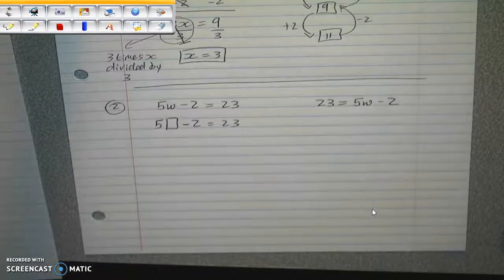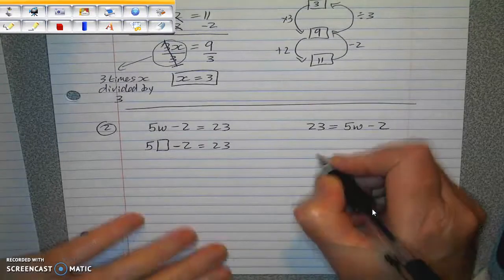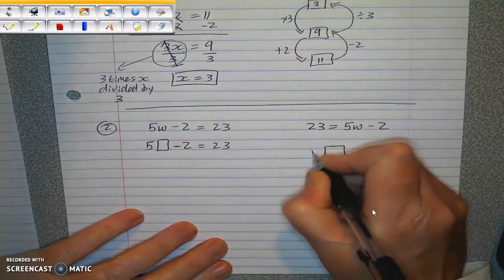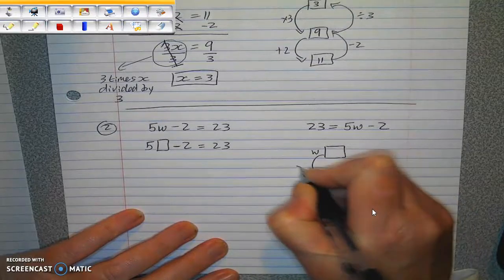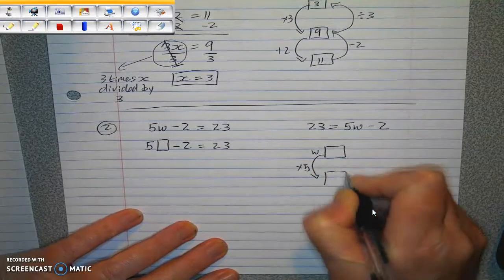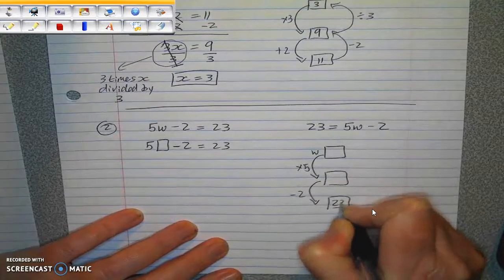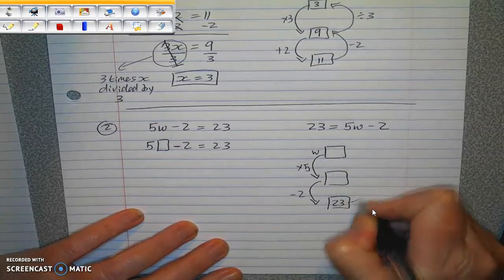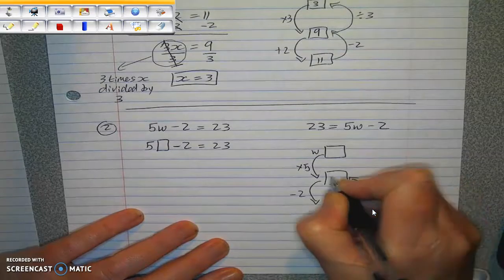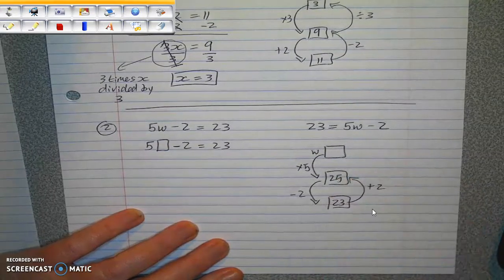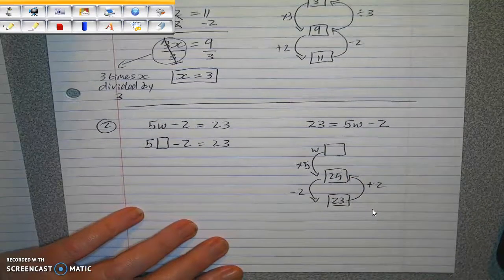So here's what the work would look like. They started off with w, they multiplied by 5, and then they subtracted 2, and they got 23. You are going to add 2 because you are undoing the subtraction.